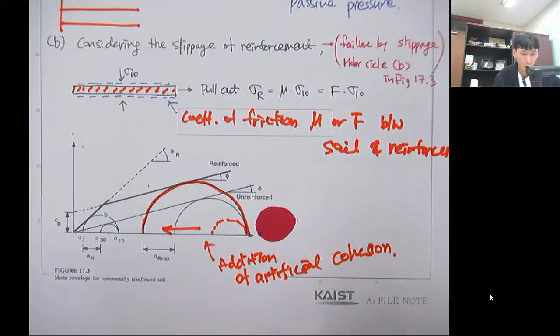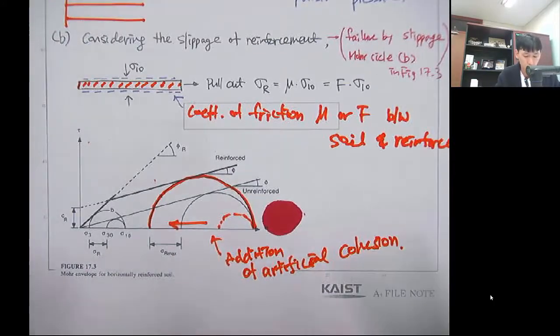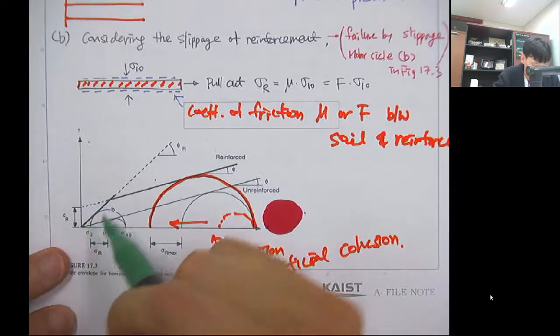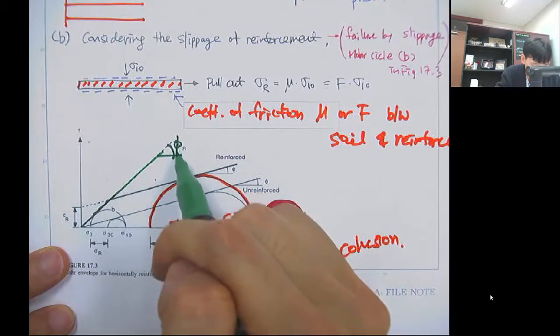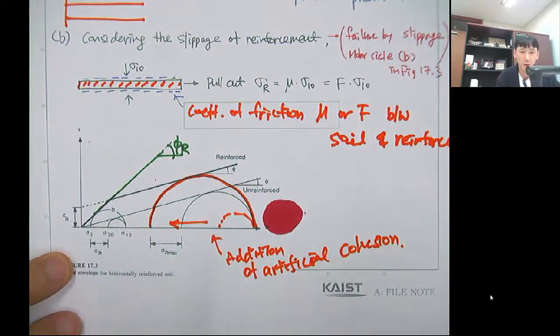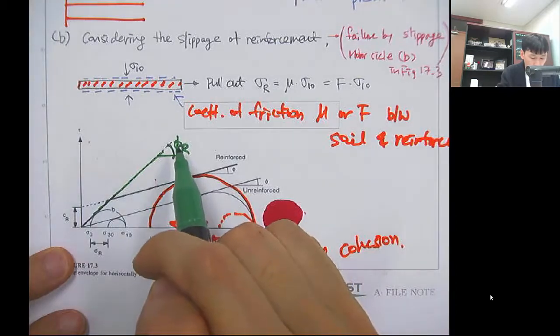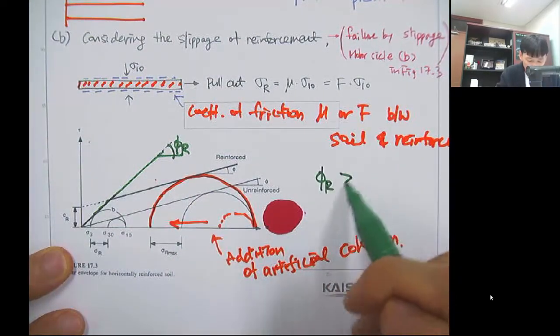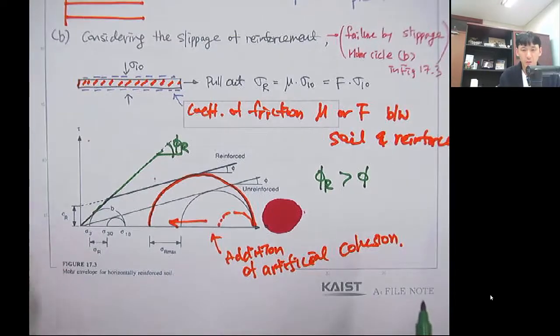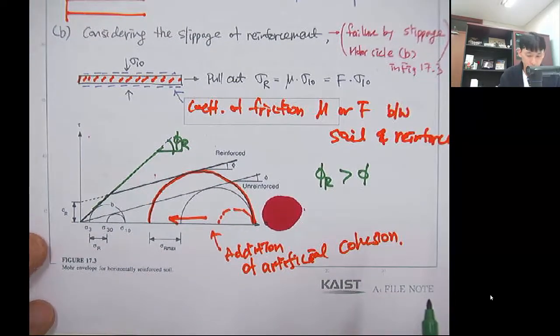But in the case of slippage, it's no longer the additional cohesion. It will be more like additional friction. So here you can see that you have a different line with a different friction angle, which is phi r. The phi r is much larger than the original phi, the friction angle of the soil.